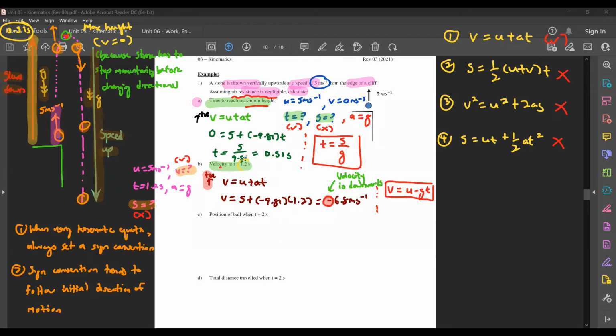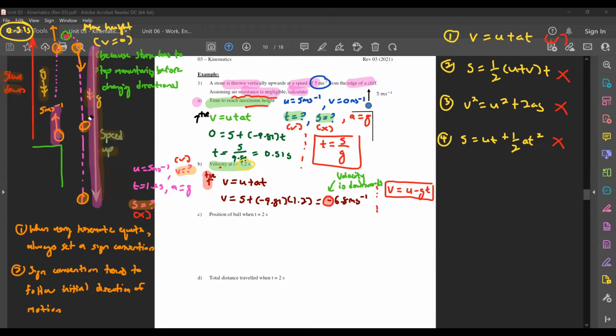But now you are talking about 1.2 seconds, which is more than 0.51. So you already know that at 1.2, you have definitely gone past your maximum height. You would now be moving downwards, so your velocity direction is obviously going to be downwards. So this negative is proving to you that it's downwards.